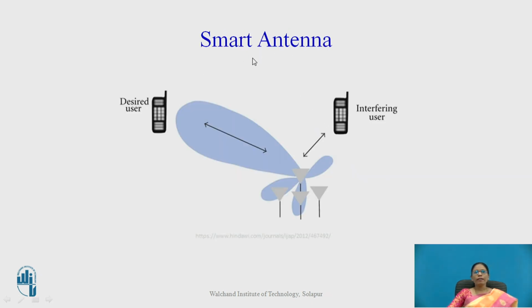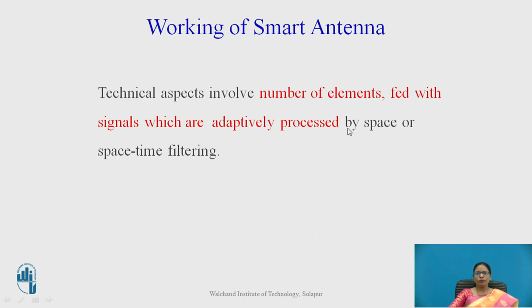So, here we want the maximum gain in the desired direction. This is the desired user. In this direction we want maximum gain, whereas for the interfering user we want a null. That is the requirement or the objective.